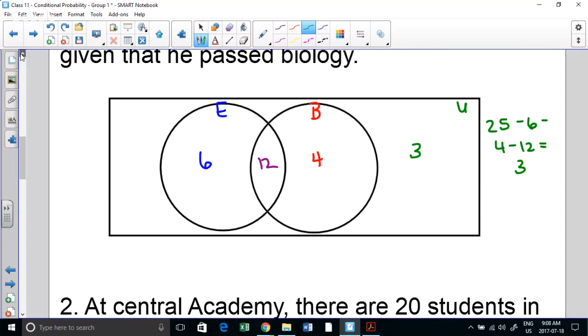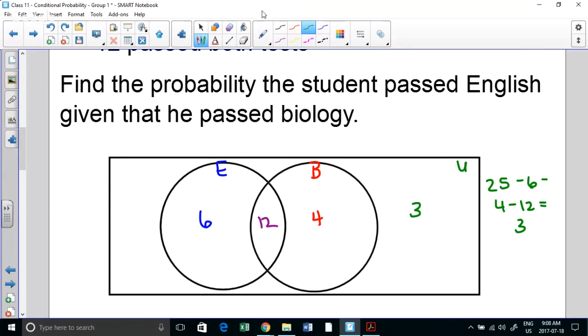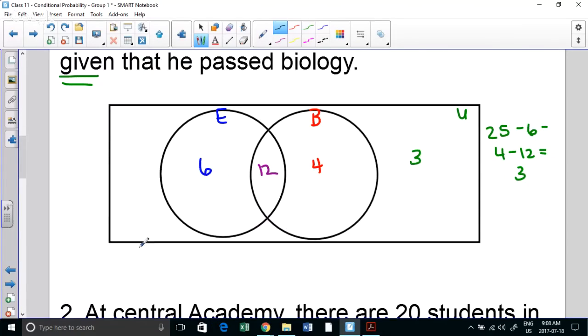So the questions are going to look like this. Find the probability that the student passed English given that he passed biology. So there's something that we know about this person. We want the probability of English given that he passed biology. So we're going to use the number one.